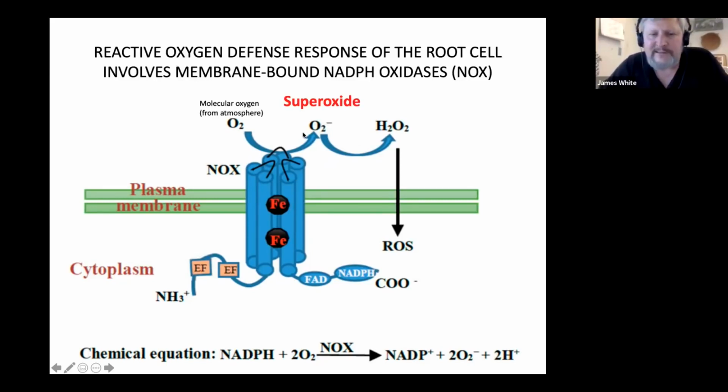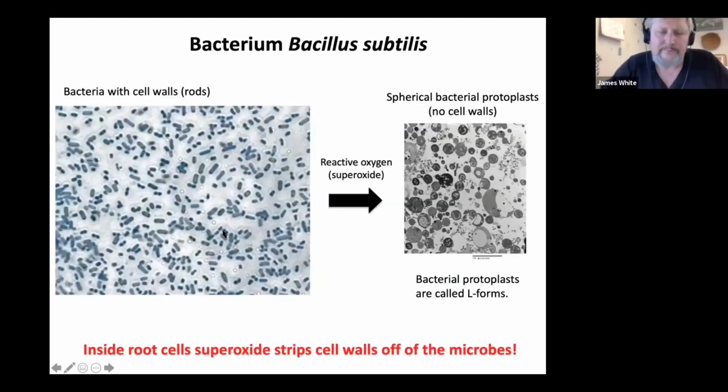So if you have poor aeration in the soil, say you've got a hard pan or some other problem causing flooding or poor airflow, too much lack of oxygen in the soil, plants are not going to grow well, because they need that oxygen in order to produce superoxide, in order to extract nutrients from the microbes. So right away, you're going to reduce nutrient extraction if you don't have good airflow in the soil.